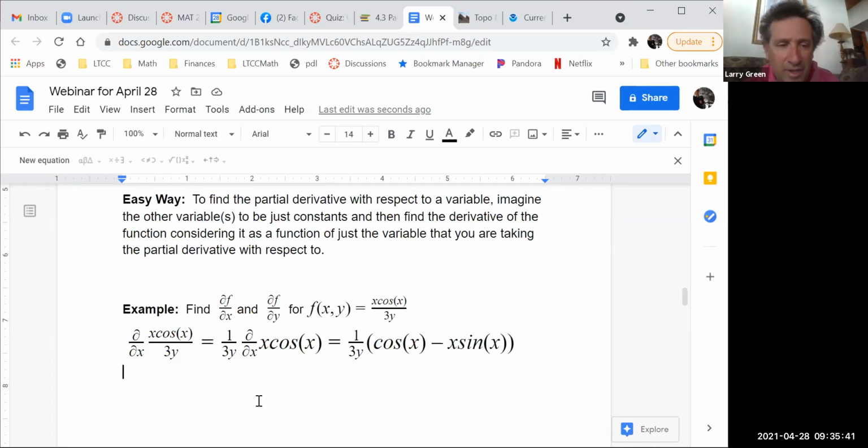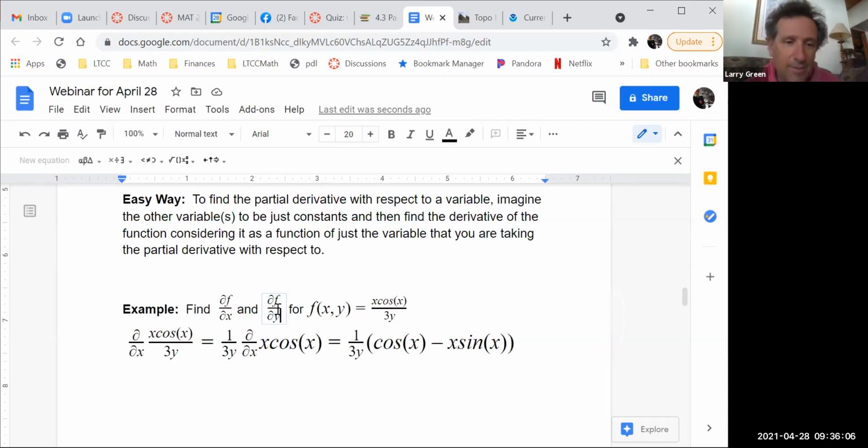Any questions at all on finding the partial derivative of f with respect to x? Any questions? All right, I'm going to do what I did last time. I'm going to have you see if you can get the partial derivative of f with respect to y.